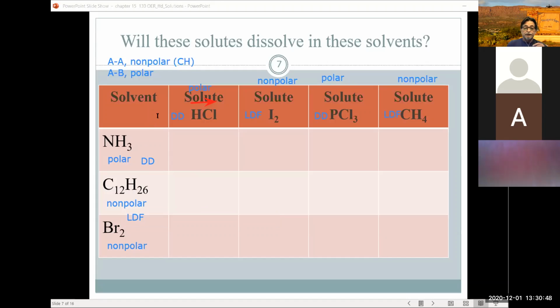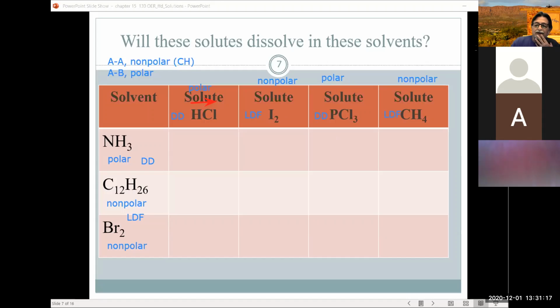So the solvents here with the lowest boiling point would be the hydrocarbon and the bromine. All right, so enough of that. It's to refresh your memory on the London forces because it all comes back. This type of question not only can ask about solubility, it's tied into the forces and polarity and the bonds and the Lewis dot structures and so forth.